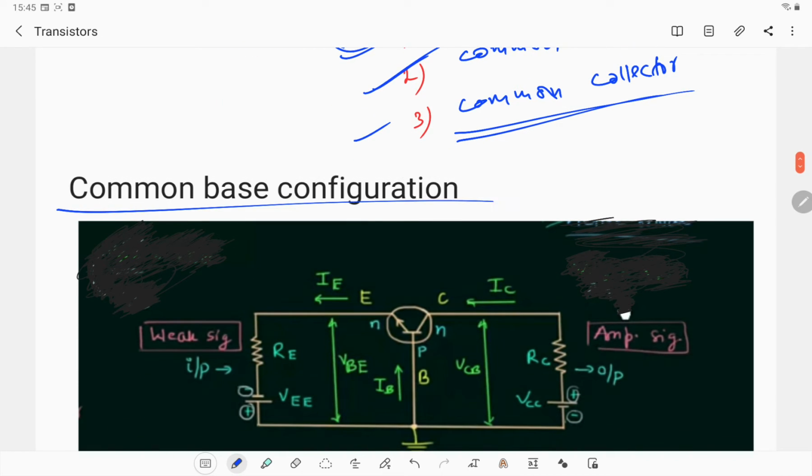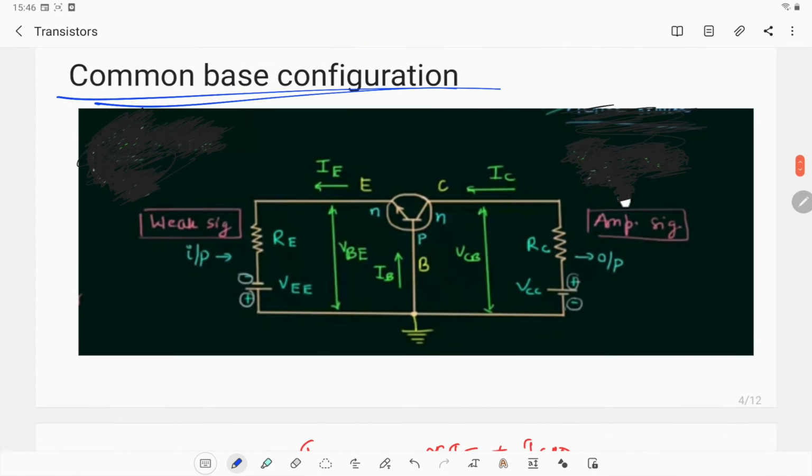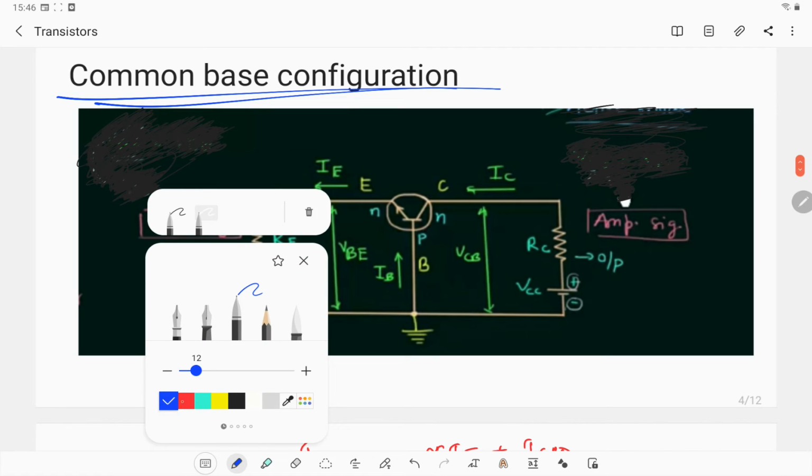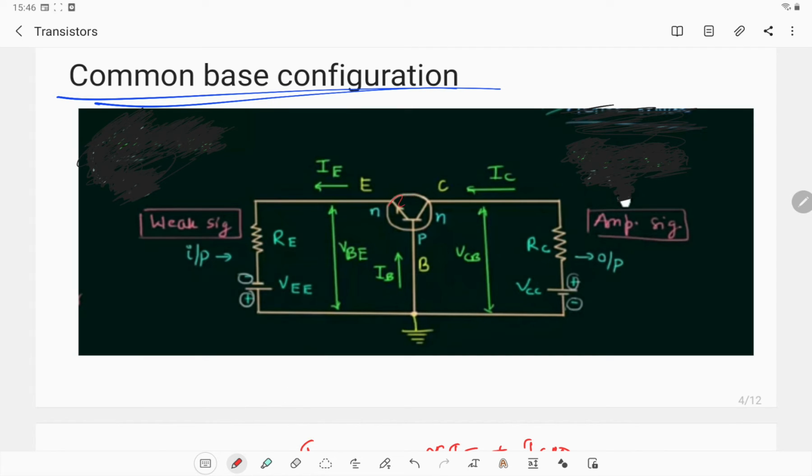Now we can see the common base configuration. Here in the common base configuration, this is the transistor, an NPN transistor, with emitter, base and collector. Here the arrow mark is from base to emitter, so this is nothing but an NPN transistor. Here it is the input circuit and the output circuit.